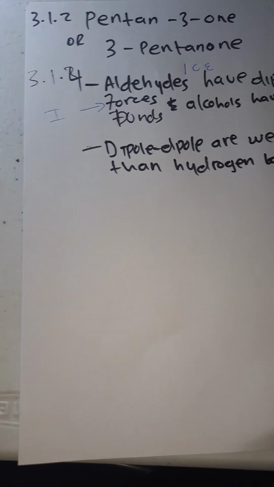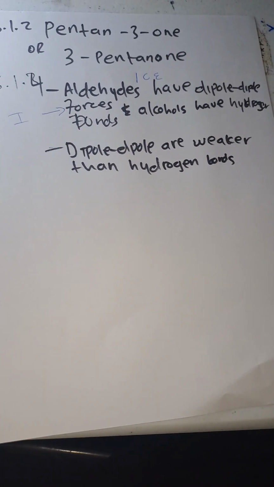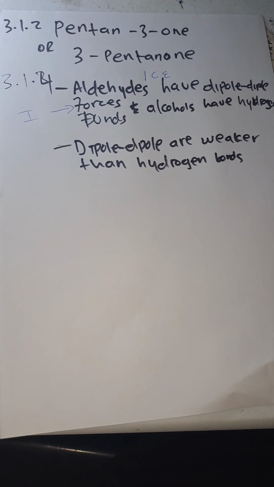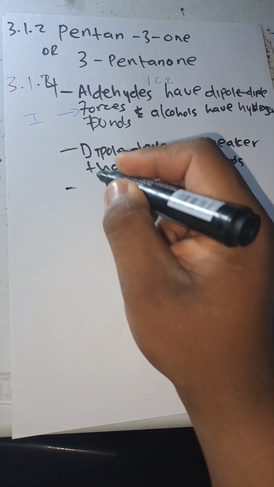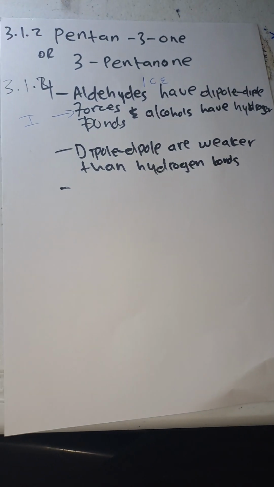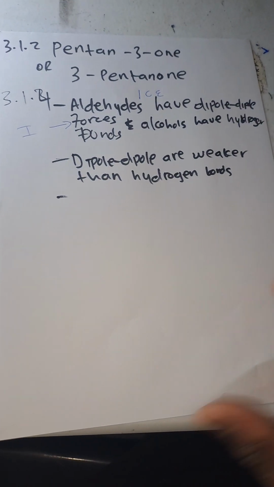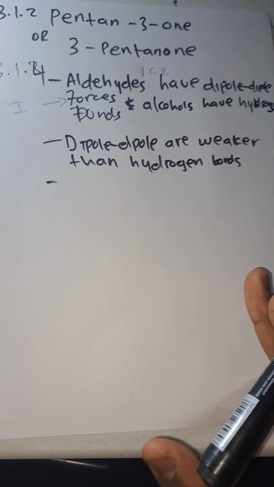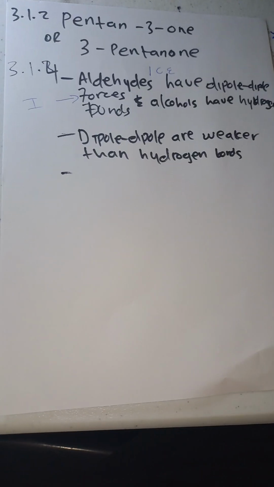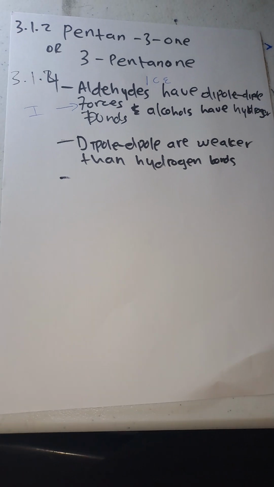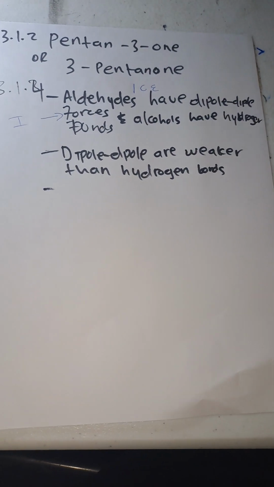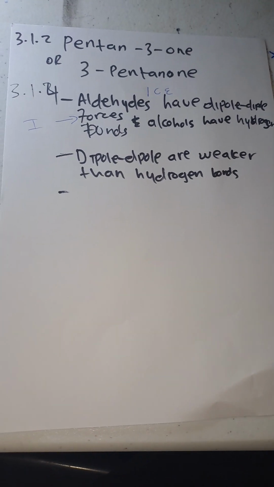Is it fine? Now we are gonna continue. The other point will be, the hydrogen bonds are stronger than the dipole, because we are comparing now. Is it fine? So now let's write.